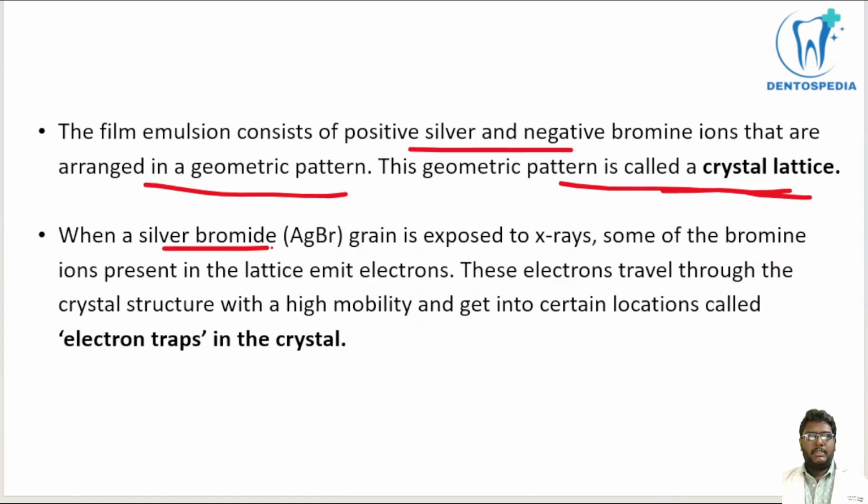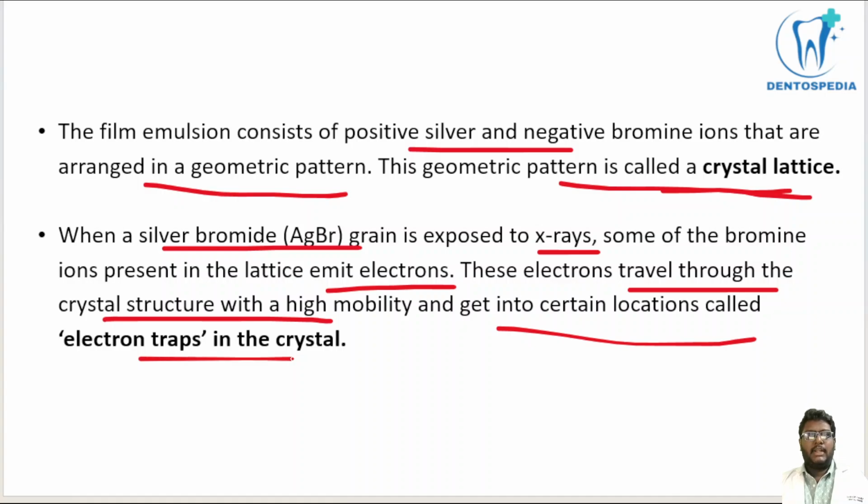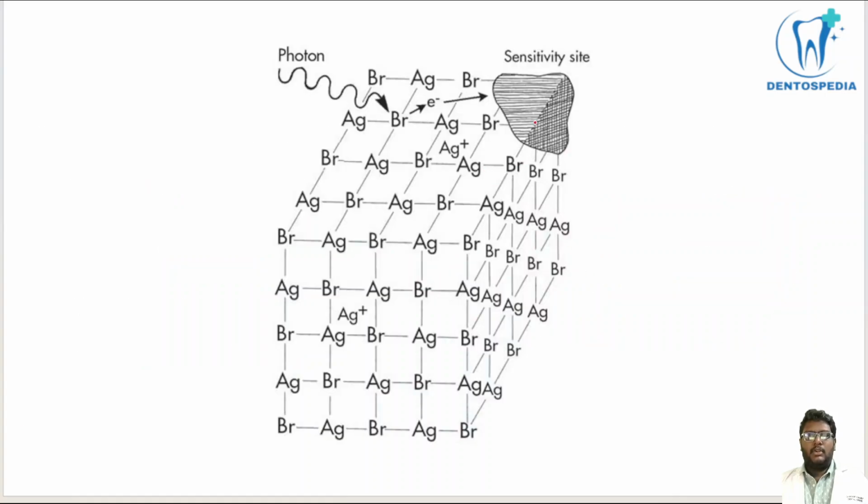When these silver bromide crystals are exposed to X-rays, some of the bromine ions present in the lattice emit electrons. These electrons travel through the crystal lattice with high mobility and get into certain locations called electron traps. You can see in this picture certain areas called electron sensitive areas, or electron speck areas, or electron trap areas. So when we expose the crystal lattice to X-rays, the bromide ions emit electrons.